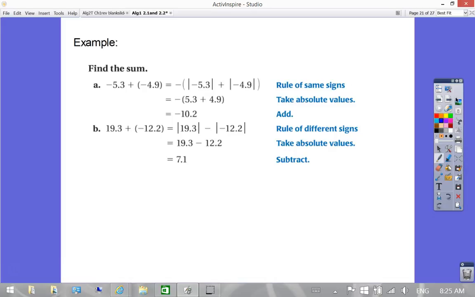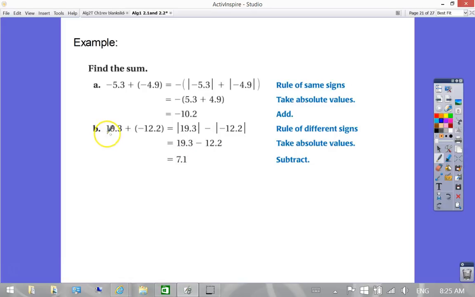The second one was 19.3 plus -12.2. So one's positive and one's negative. They're saying subtract the greater absolute value minus the lesser absolute value, and then put the sign of the greater of the two. So 19.3 minus 12.2, and because 19.3 was bigger than -12.2 in absolute value, then it's positive.